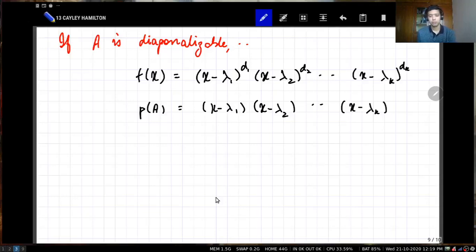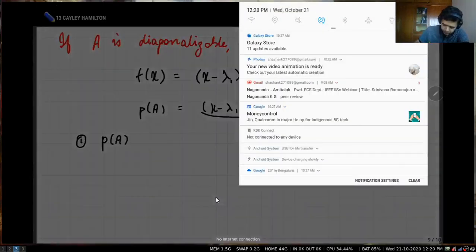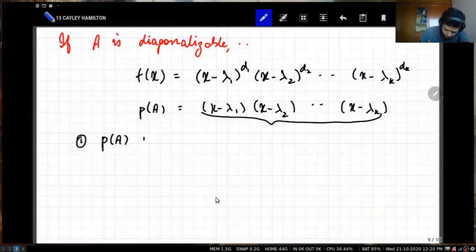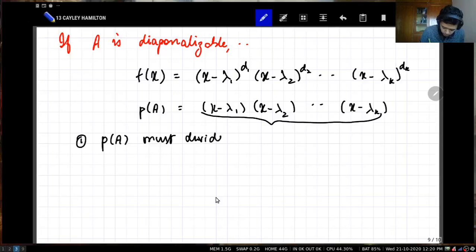Okay. So why is this true? Firstly, note that this polynomial P of x must divide the minimal polynomial.